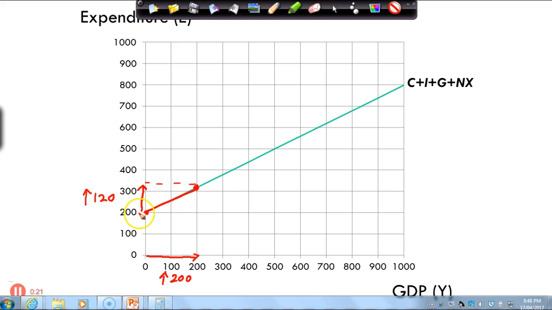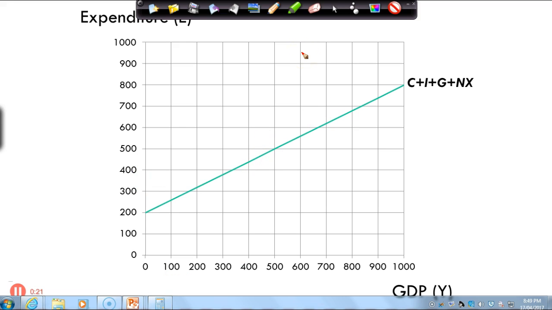Okay? We've gone from 200 to 320, and that's constant. So we move up, another increase of 200 would lead to another increase in expenditure by another 120, and so on.